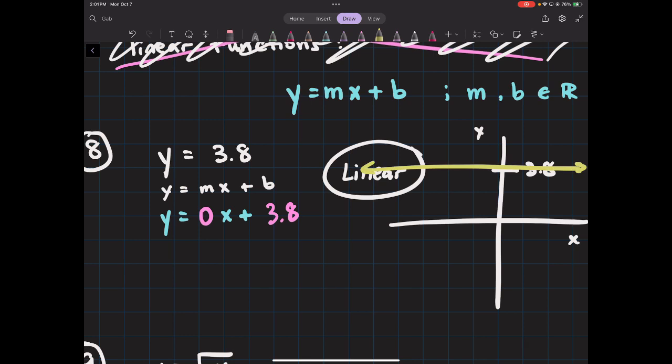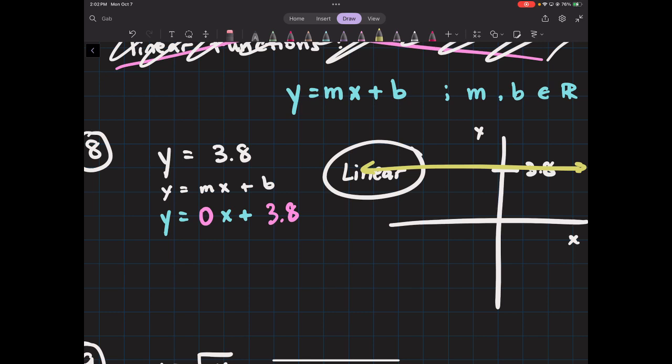Does it make sense? Since this is 3.8 on the y-axis, what is the y value for this point? 3.8. What's the y value for this point? 3.8. All of it is 3.8, right? I don't care about the x value, I only care about the y. Whatever the x value is, it gets multiplied by 0. It doesn't make any difference, right? So that's why the y value is the one that's important.